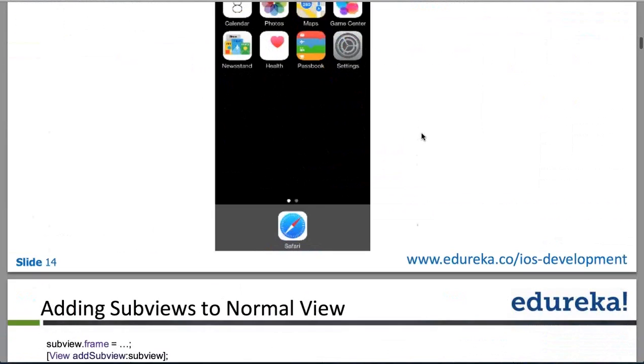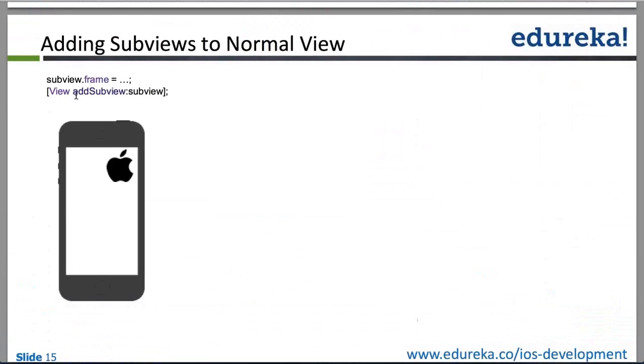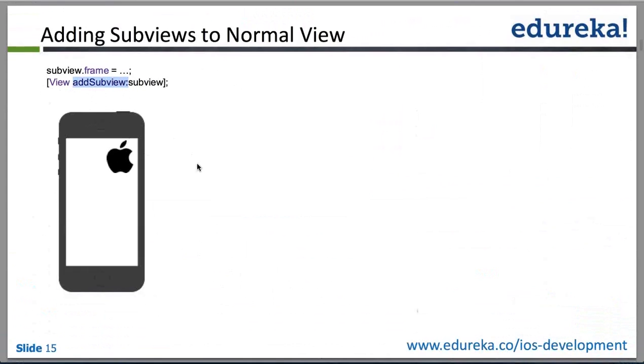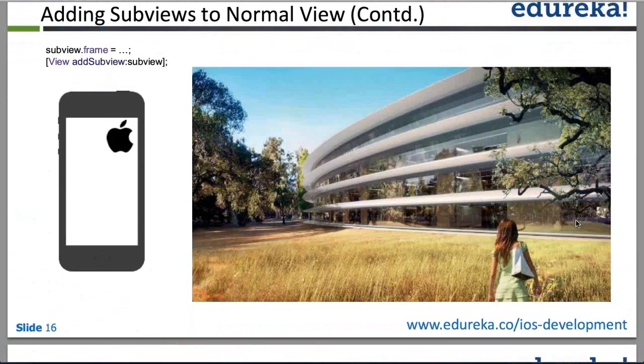So how do you add normal views? Normal views will be added using the addSubview method. So let's say I have an Apple logo. I will be able to add the logo here directly. But let's say I have a bigger image which is in this size, and my iPhone screen is in this size, but my image is in this size.